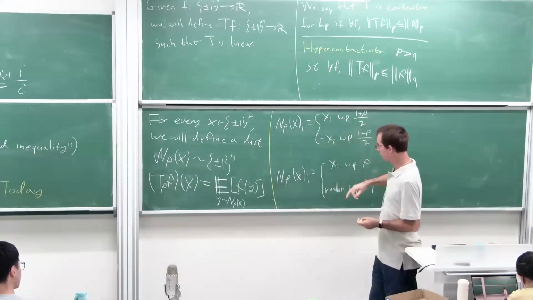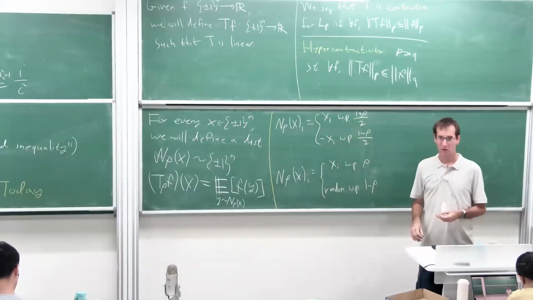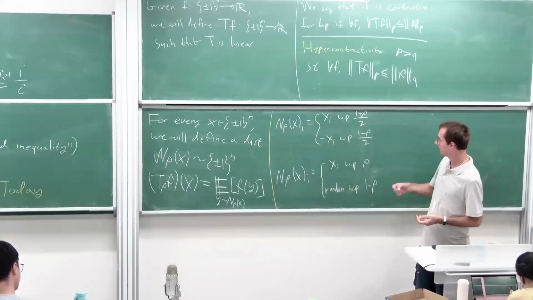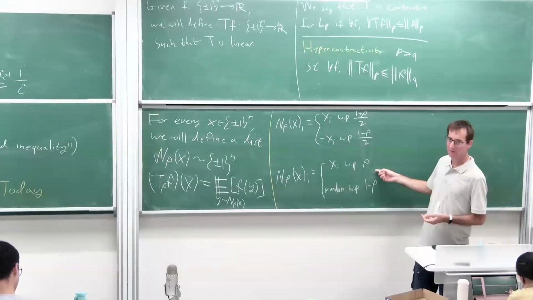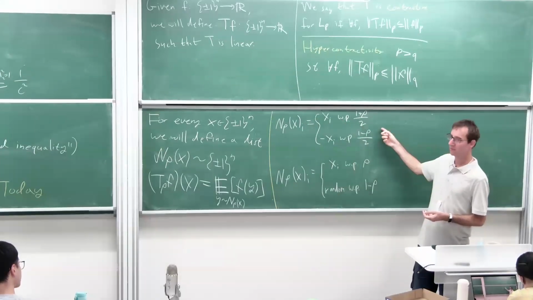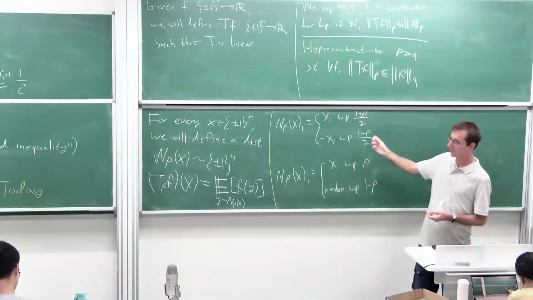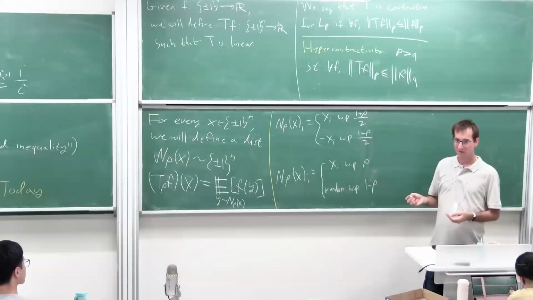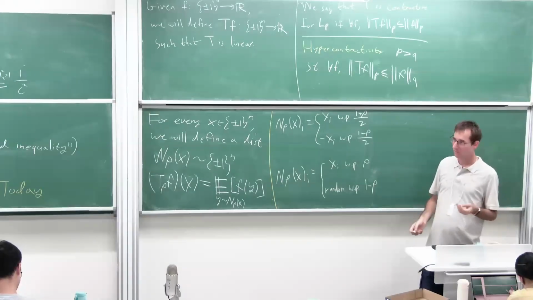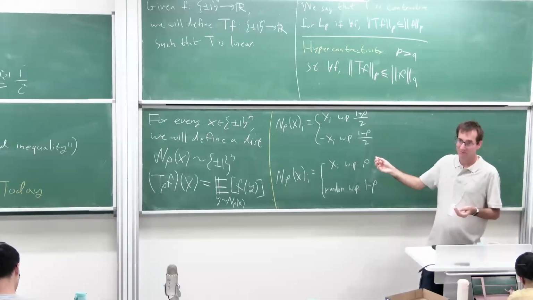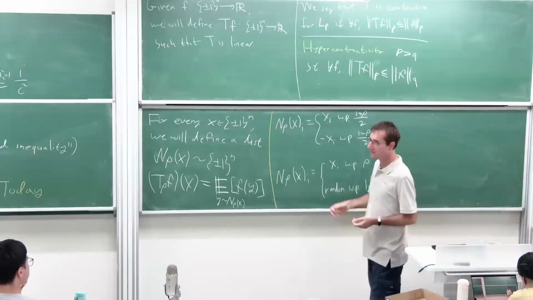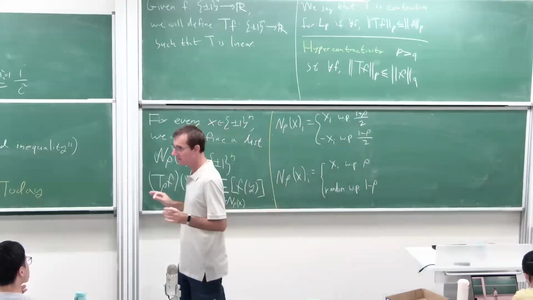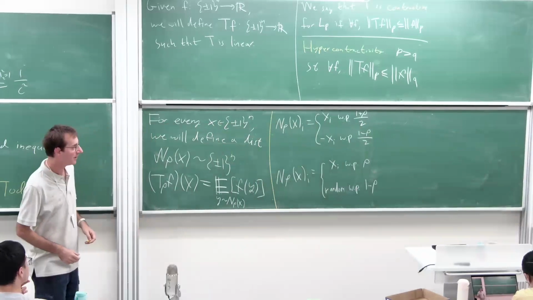Both of these definitions only make sense in some range: this makes sense when rho is between 0 and 1, and this makes sense when it's between minus 1 and 1. But we will see how to extend this definition for any real and even complex rho. In functional analysis, they have this thing called complex interpolation, where it's important that rho is complex. We won't need this. We don't like complex numbers. For us, real rho will be enough.